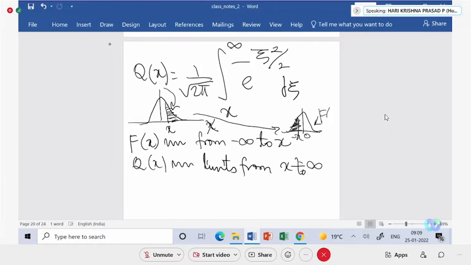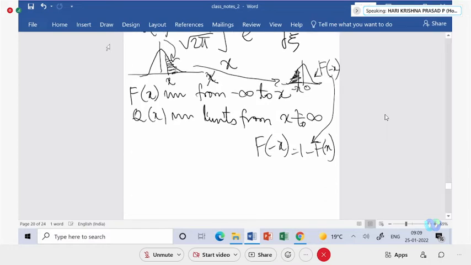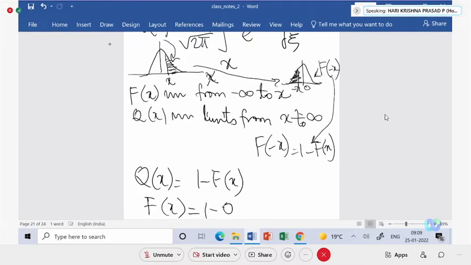F of minus x, because the area is from minus infinity to minus x. How did we write f of minus x? It is nothing but 1 minus f of x. Now this new function referred to as the q function has been shown as 1 minus f of x. Is it okay? Or you can write f of x as 1 minus q of x.